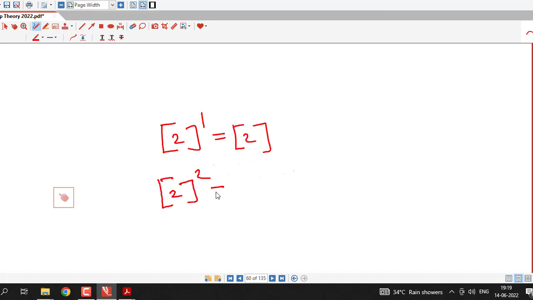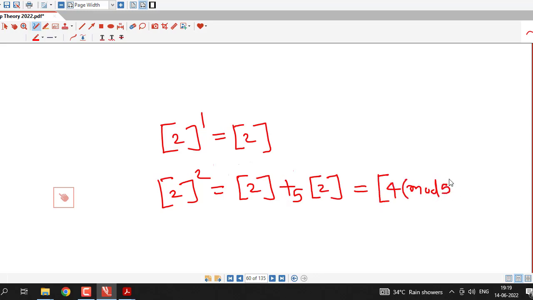Suppose I am trying for 2, then if we take the first power of 2, we will obtain 2. Suppose we consider the second power of 2, that is 2 addition modulo 5 2. So this is going to be 2 plus 2, that is 4 modulo 5, and the remainder when 4 is divided by 5 is 4.